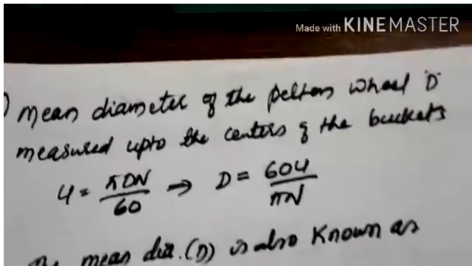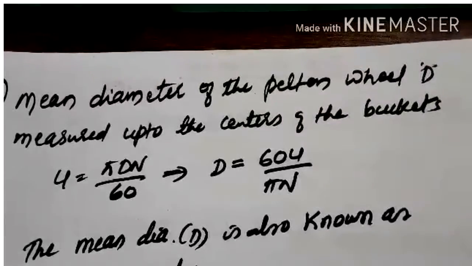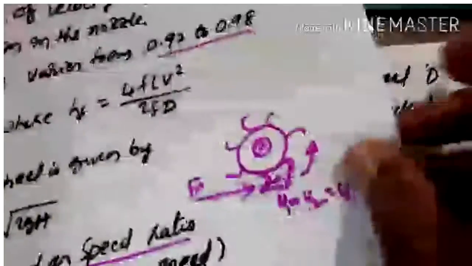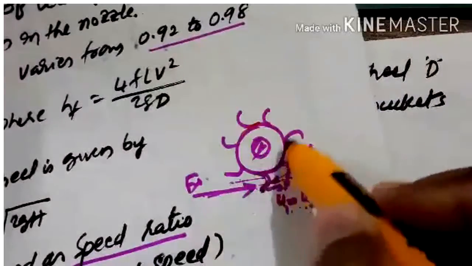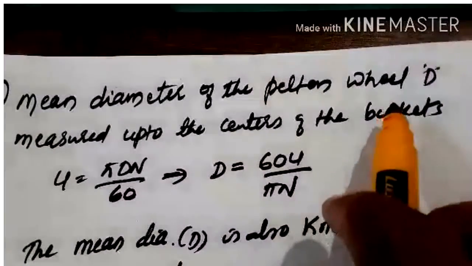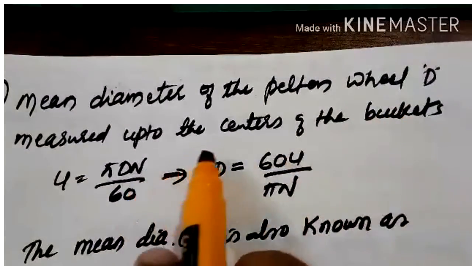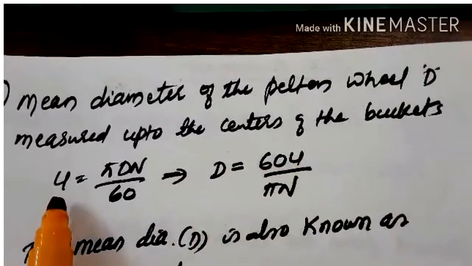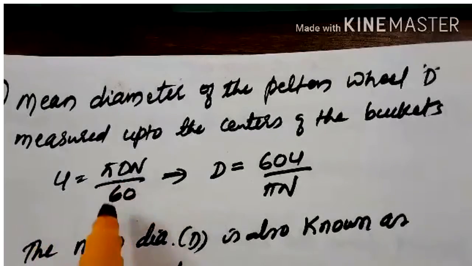Okay, then the next: the mean diameter of the Pelton wheel D, that means the wheel diameter, this one. The mean diameter of the Pelton wheel D is measured up to the center of the buckets, and as we know the wheel speed is pi D N by 60.